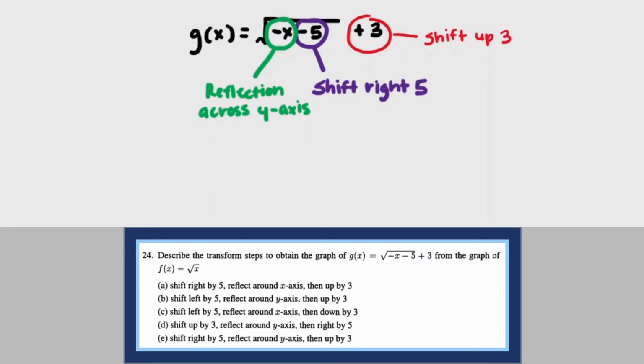So when we piece it all together, we'll say the graph shifted right 5, my bad, and then it reflected across the y-axis.